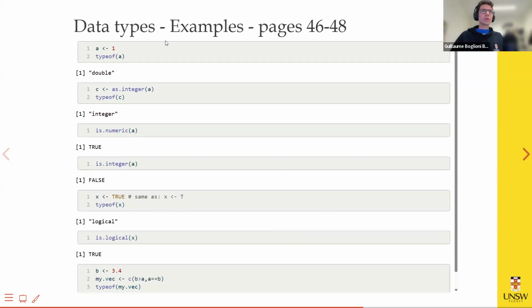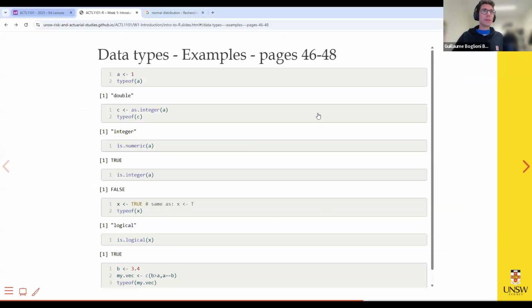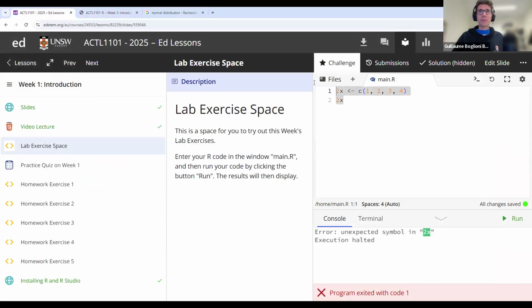Sometimes it really matters if your data is numerical or a character, because if it's a character, you won't be able to do mathematical operations. For example, let me just show you here. Obviously, I can have 2 plus 5, and that works like a charm. But if my 2 is stored as a character, and this would happen if I put quotation marks here, then character is supported in the sense that this is going to display.